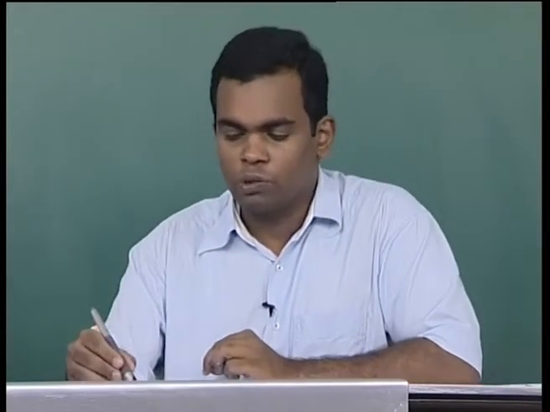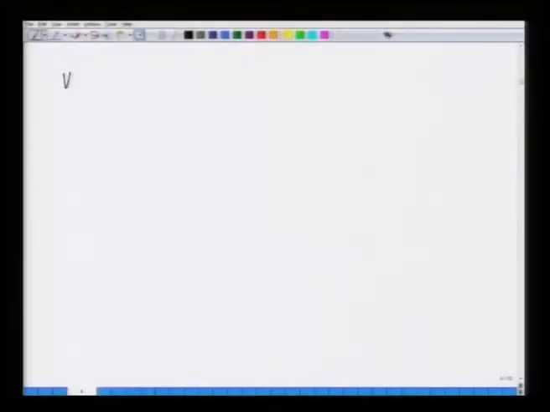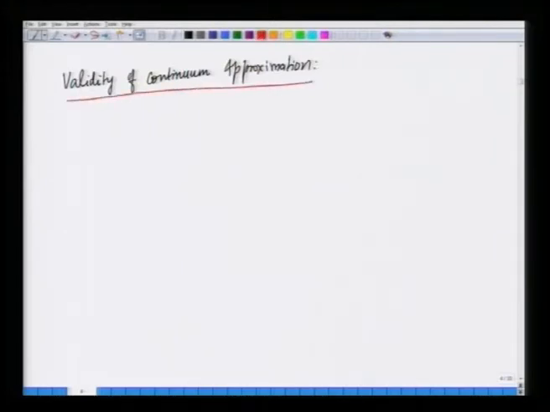So, clearly there are restrictions as to how large and how small the volumes can be. The continuum approximation works well, let us say, validity of the continuum approximation, when there is a separation of length scales.